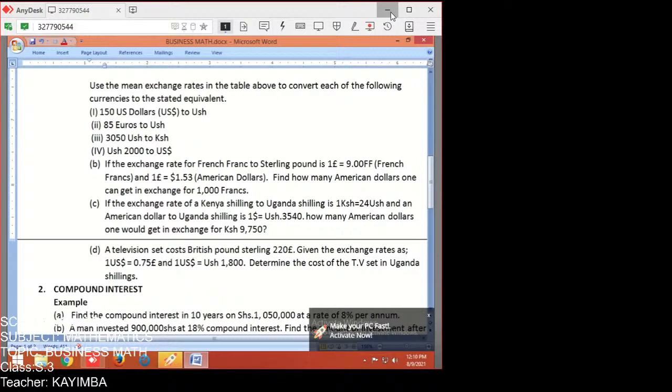How many dollars are equivalent to 1,000 French francs? Look at the question. How many dollars are equivalent to this? Now you can see.